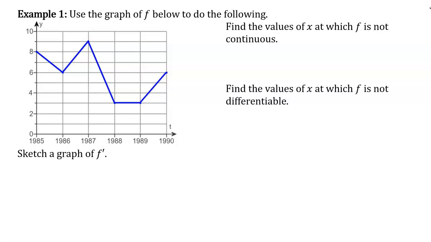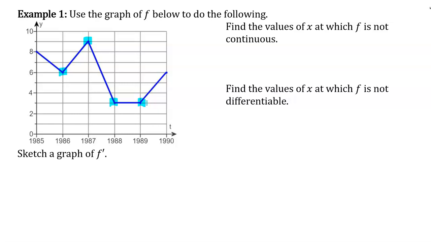We have this graph, and we want to find the values of x at which f is not continuous. Well, it looks pretty continuous to me. There's no holes. There's no asymptotes. So this is continuous everywhere. But it is not differentiable everywhere because we do have these sharp points, here, here, here, and here.